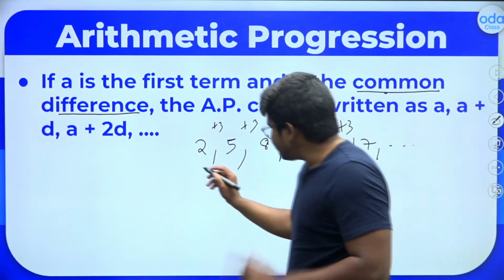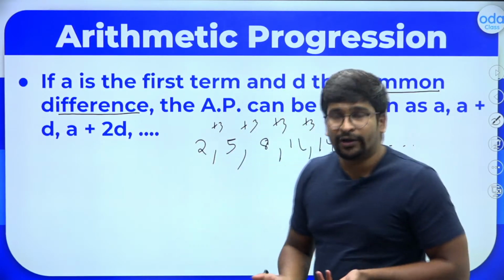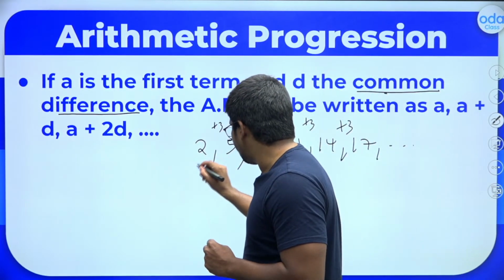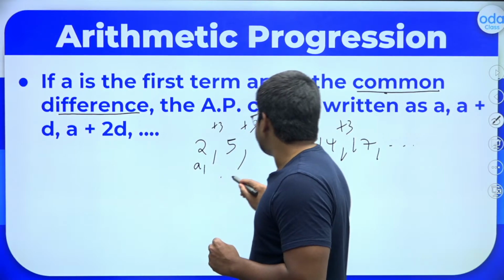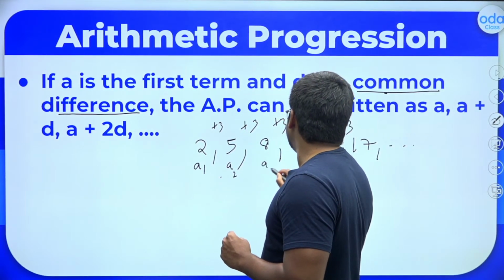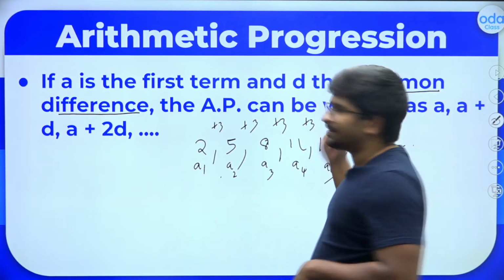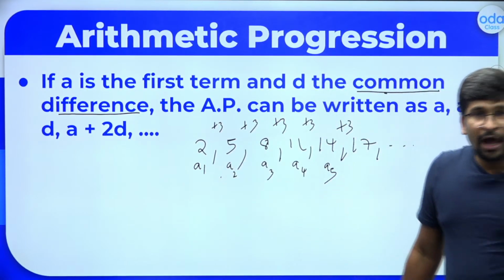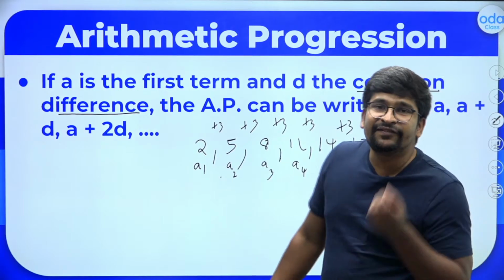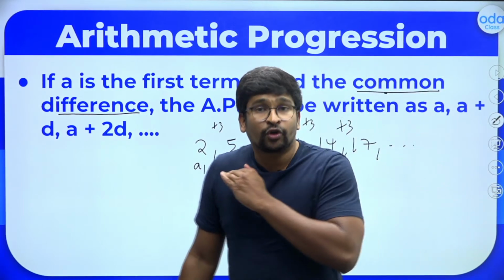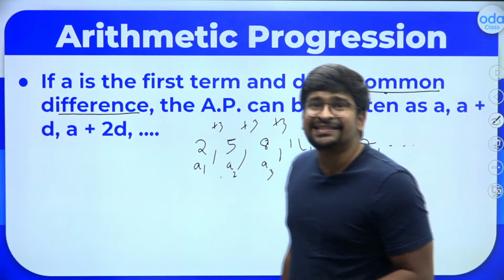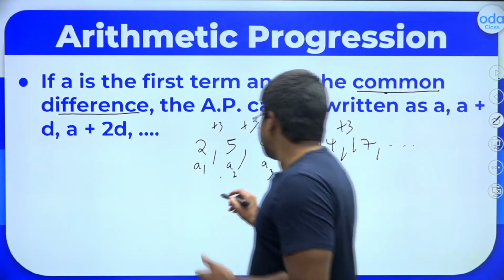Now in this AP also, just like any progression, the terms can be given a name. So first term is given the name A1, second term A2, third term A3, fourth term A4, fifth term A5, etc. It goes on. Correct? Now the question is how you can easily figure out the common difference. Common difference of an AP can be found by a very easy technique.